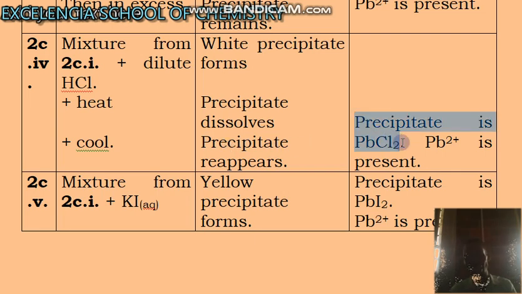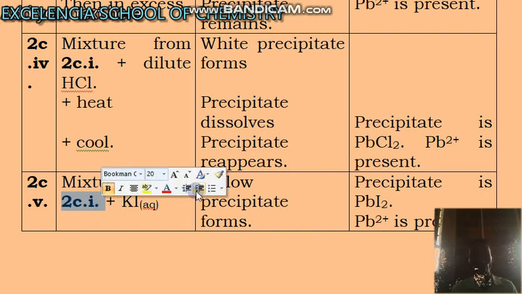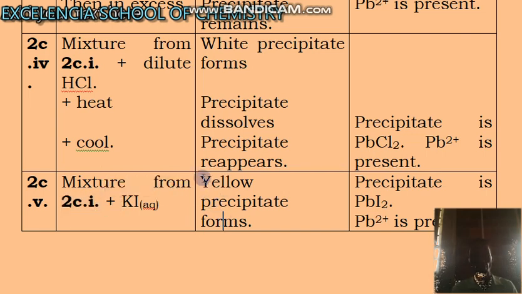This one also is improbable, but they might still ask you to use that same mixture from 2Ci to add potassium iodide to it. At this point, you would observe a yellow precipitate. You now see that the precipitate is lead(II) iodide. Therefore, lead(II) ion is present.